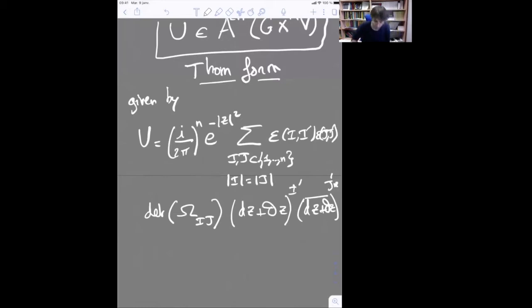So let me look at the main term of this, just to understand what it means. First, to recall what I've said orally, I prime is 1 to n minus I, and the same for j. If you take multivector xi wedge xi prime, then it's epsilon of I I prime x1 wedge xn.